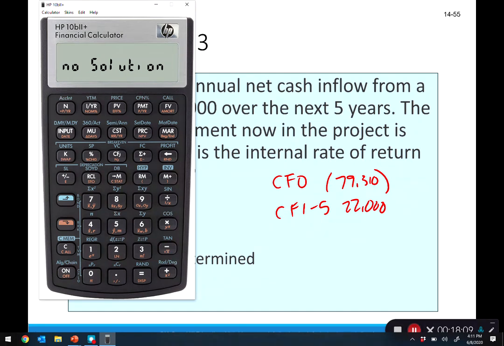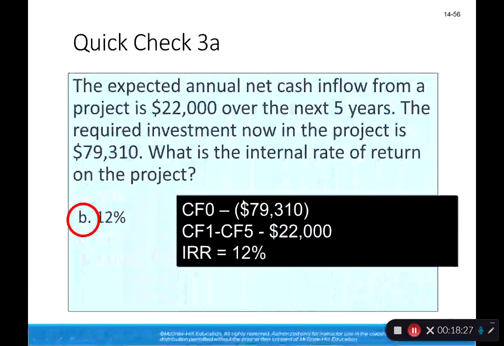It's infinity because people are just giving you money. So you have to make sure you pay attention to your positives and negatives. If you get no solution, don't panic. It probably just means you didn't put in your positives or negatives correctly. And there's the 12%.